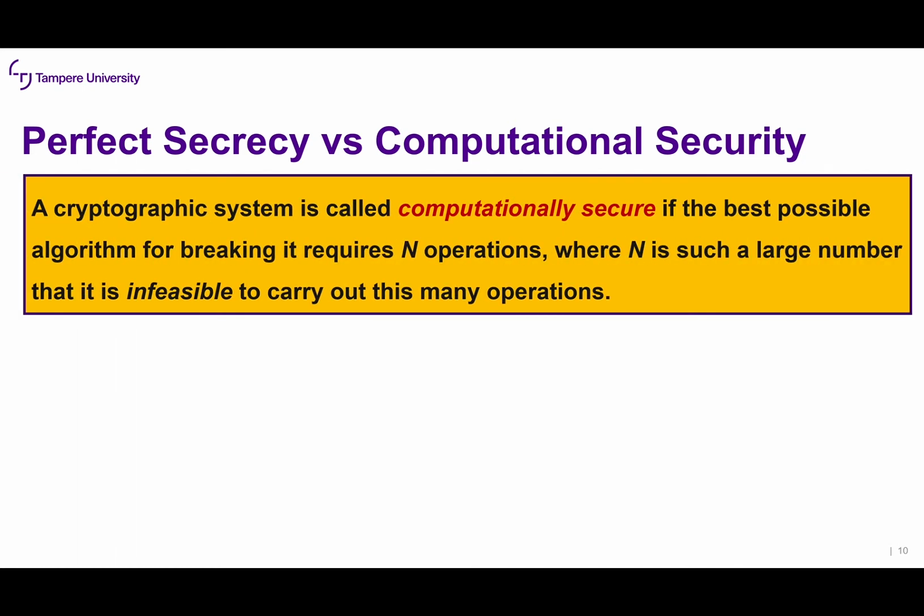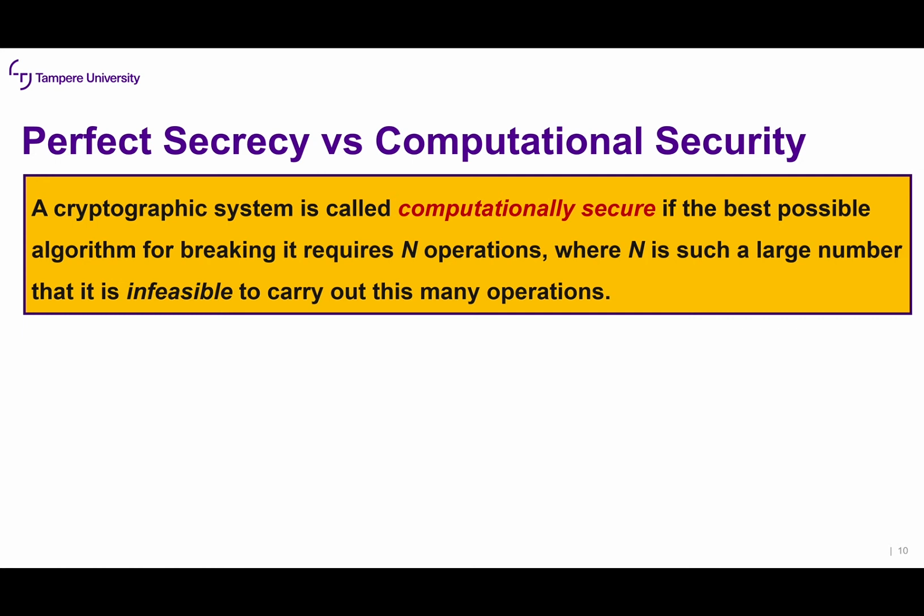So a cryptographic system is called computationally secure if the best possible algorithm for breaking it requires n operations, where n is such a large number that it is infeasible to carry out that many operations. Keep in mind that with current computing power, we assume that 2^128 operations is an infeasible number of operations to carry out. Hence, a value of n larger than 2^128 would imply that the system is computationally secure.